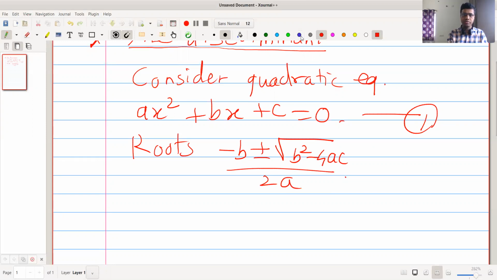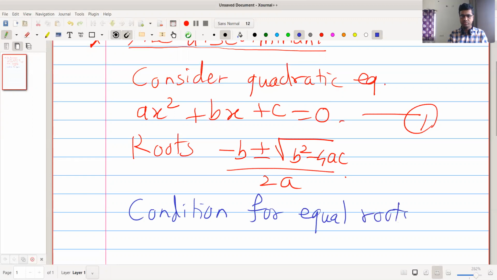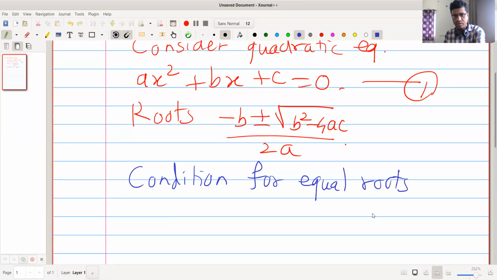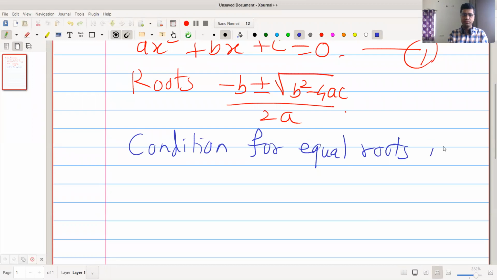Now what is the condition for repeated roots or equal roots? The condition is b square minus 4ac equal to 0. If this condition is satisfied, then there is only one root, namely minus b divided by 2a.